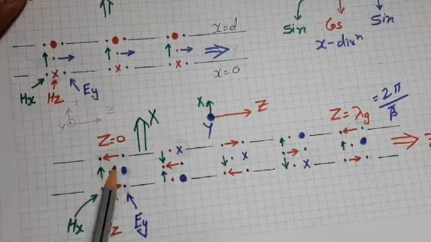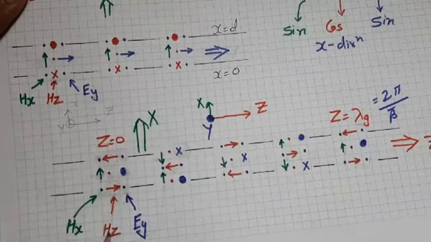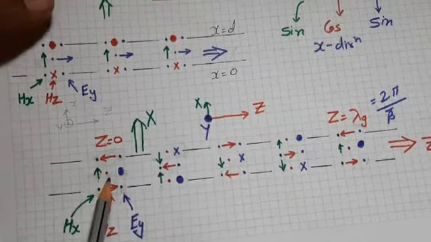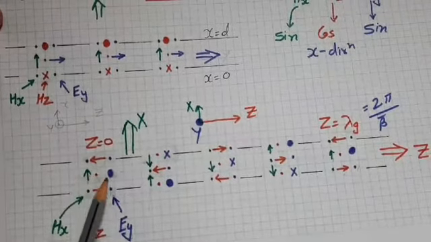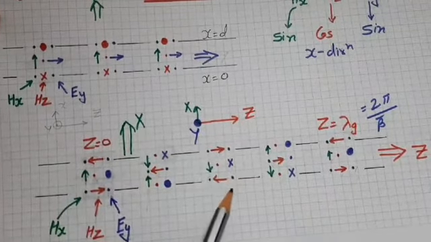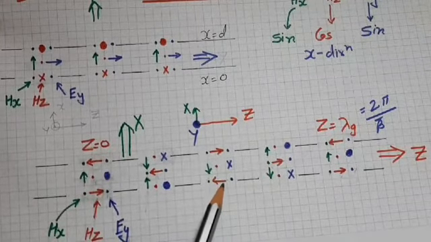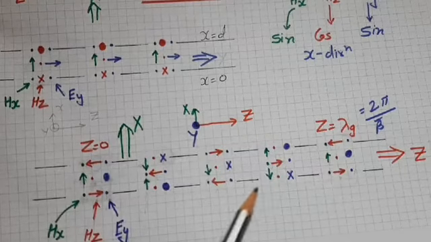We can check for hz also, it has 1 zero in between the planes. And this is true everywhere in the waveguide. Suppose we check here, then for hx, only one maxima is present. Similarly, ey also, only one maxima is present. But for hz, 1 zero is present.